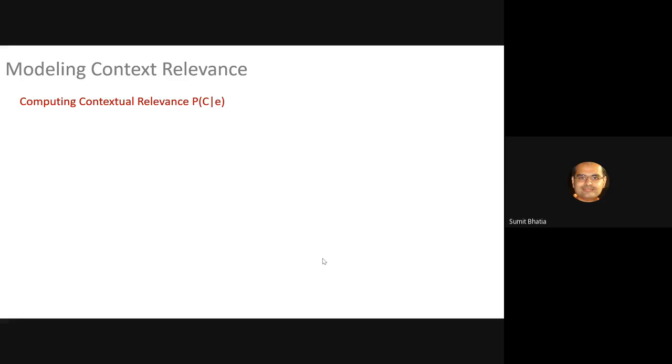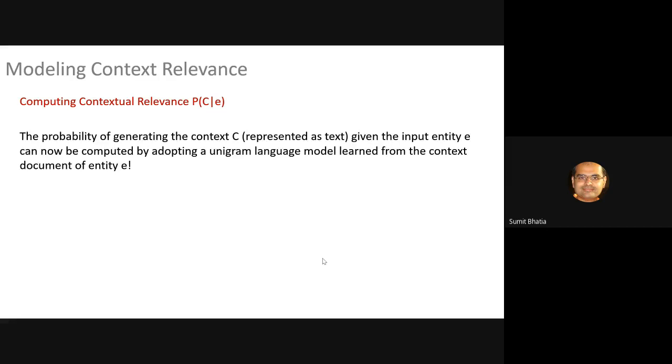Recall that our contextual relevance component is the probability of the context C given the entity E. This probability can be computed by what is known as a unigram language model. Assume here that the context terms are independent of each other.